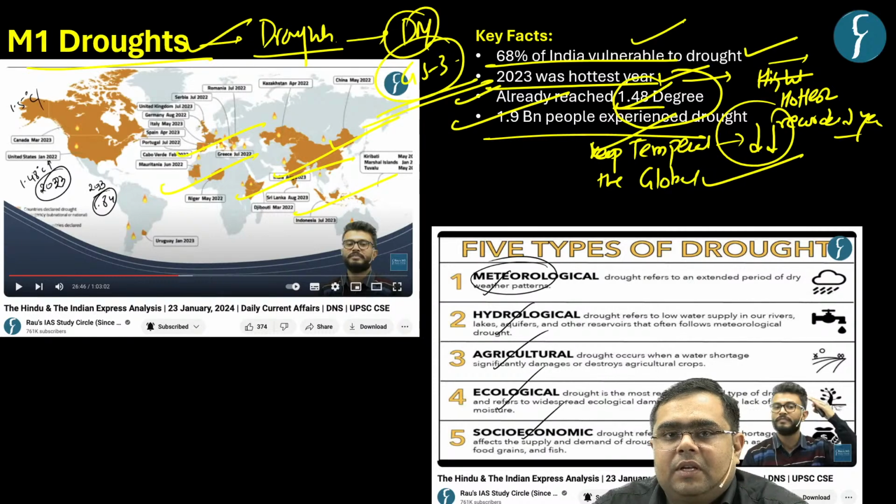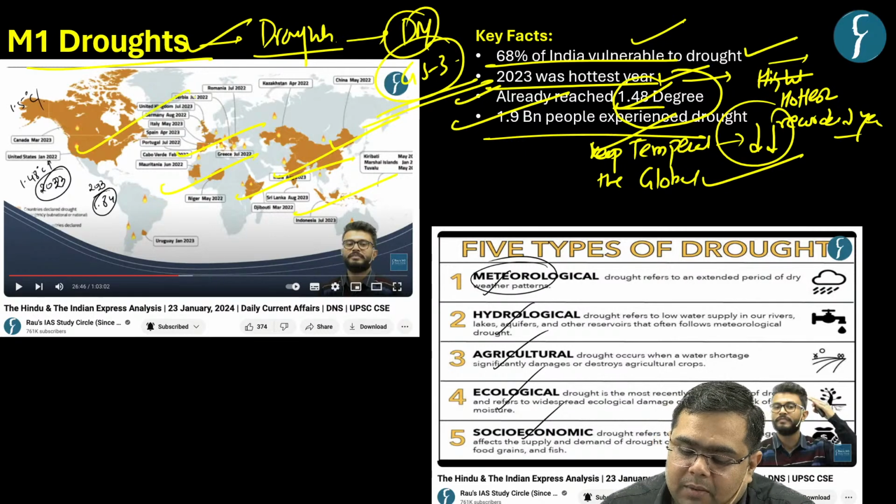You must have seen a couple of months back there was a photo in the Hindu newspaper in which the river Rhine of Germany was shown at all-time low levels, right? And some World War II ammunitions and shells were found in the basin of the Rhine River, right? Similarly, Northern America is also being impacted by droughts.